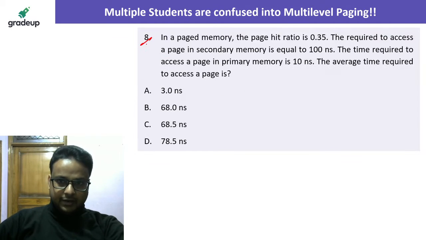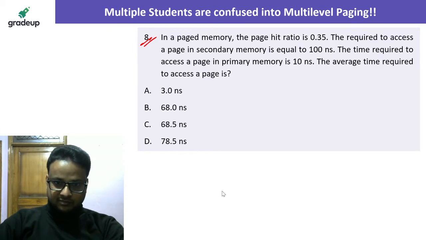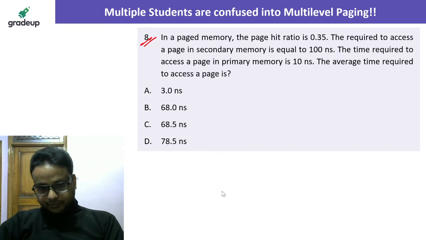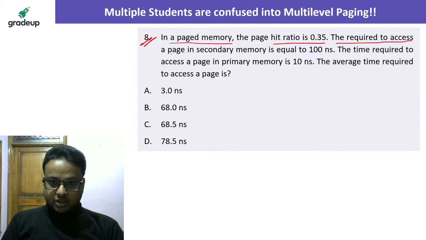Here is question number 8. Tell me the answer. In a paged memory, in paging, the page hit ratio is 0.35, that is 35%. The time required to access a page in the secondary memory is equal to 100 nanoseconds.